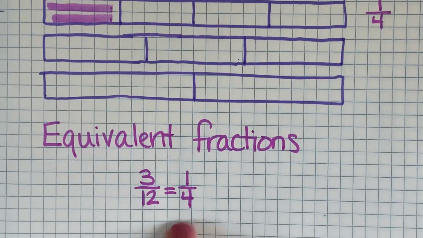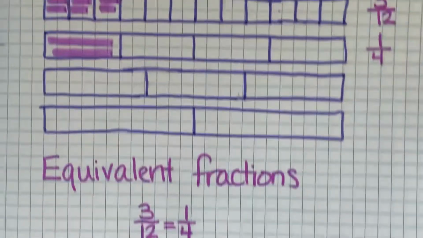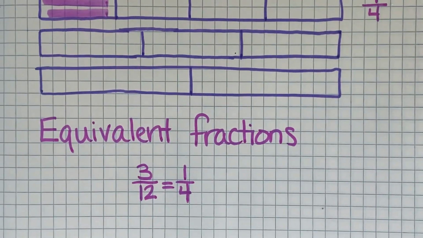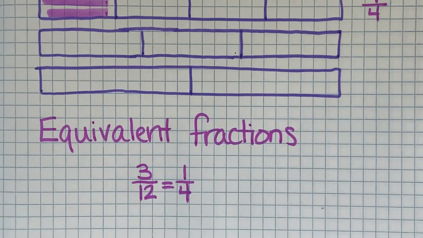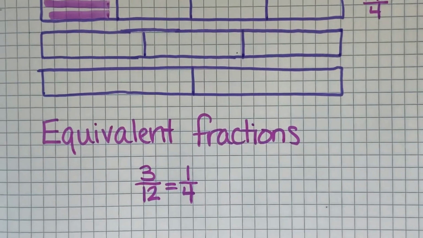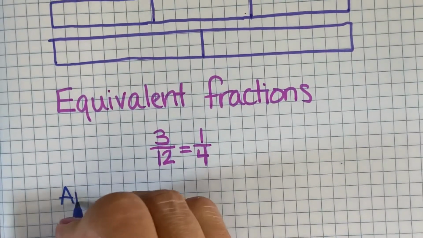Now, if I know that it's 3/12 and I want to know is it equal to 1/4, or if I had 1/4 and I want to know is it equal to 3/12, how do I get it? Anytime you have an equivalent fraction, let's backtrack a little bit. What we should all know is that any number over itself is equal to 1.